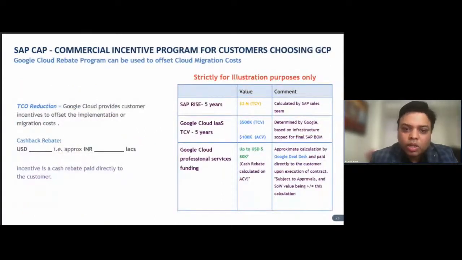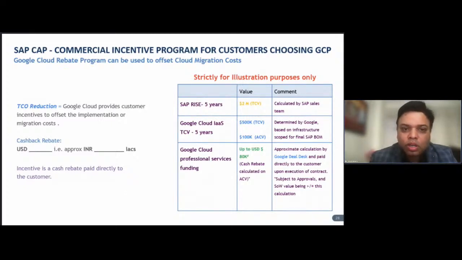Also, Google is supporting Indian customers who are adopting SAP by launching a commercial incentive program. We all know that SAP projects involve a large upfront outflow of significant cash, significant investment.